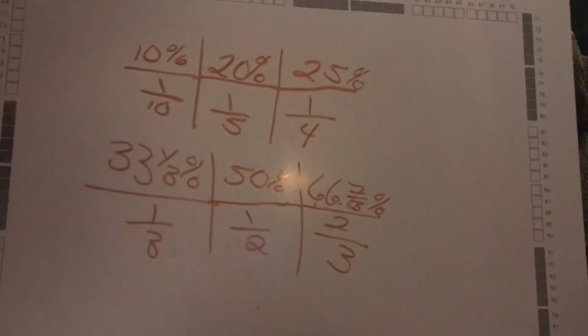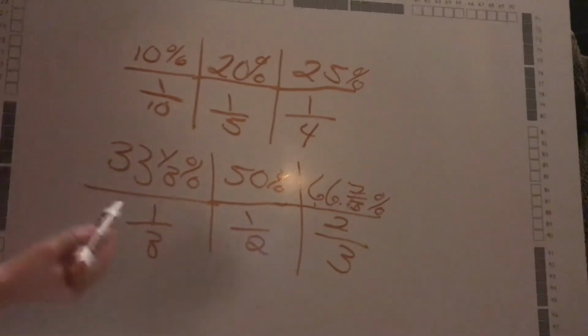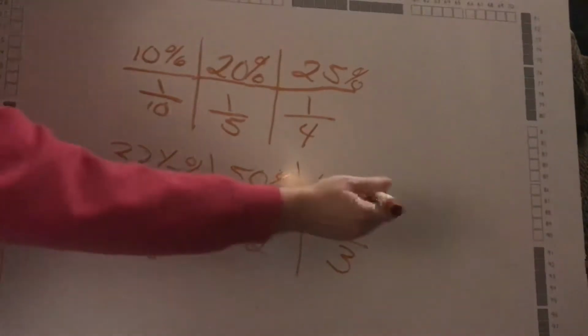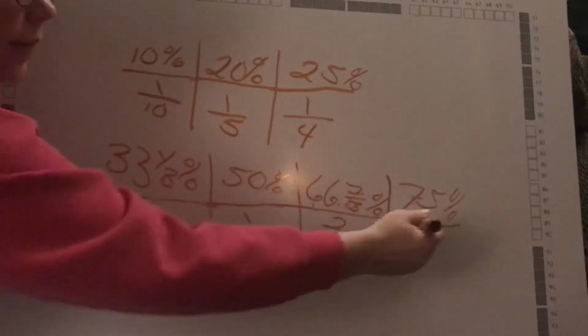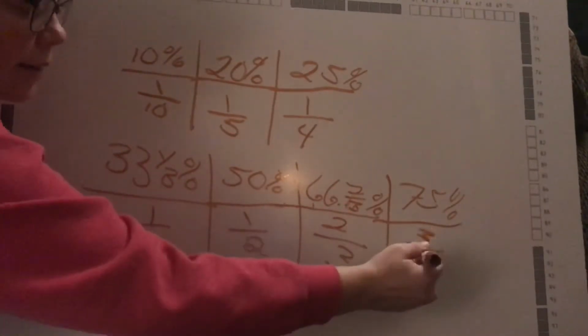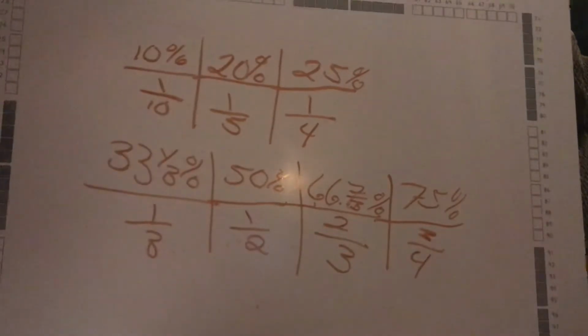And for some reason, they don't have 75%, but I'm going to add that. 75% is 3/4. So that's also an important one to know.